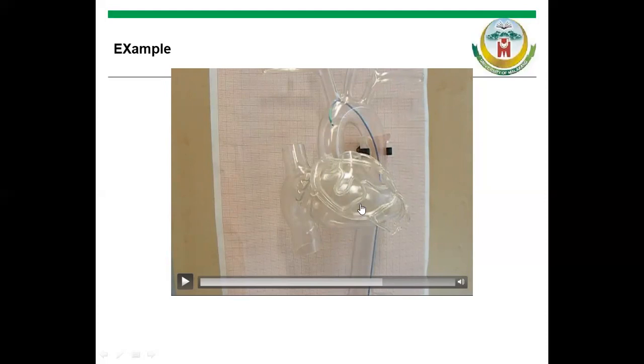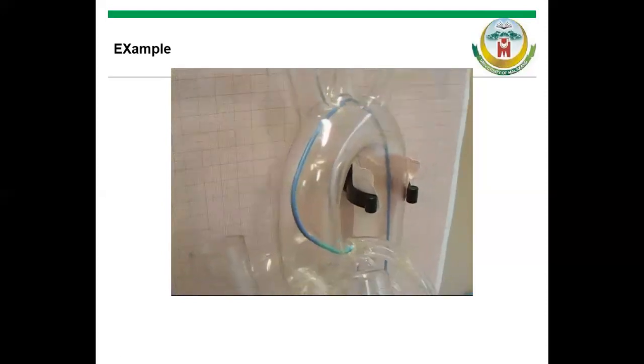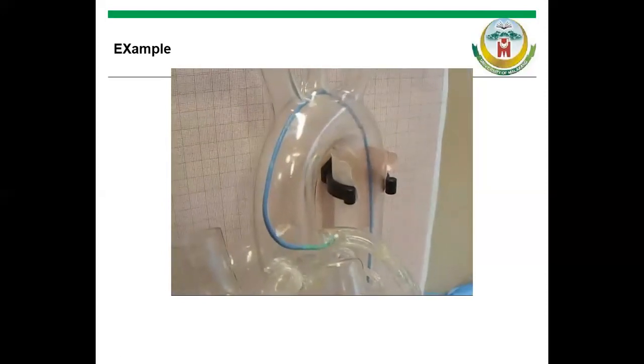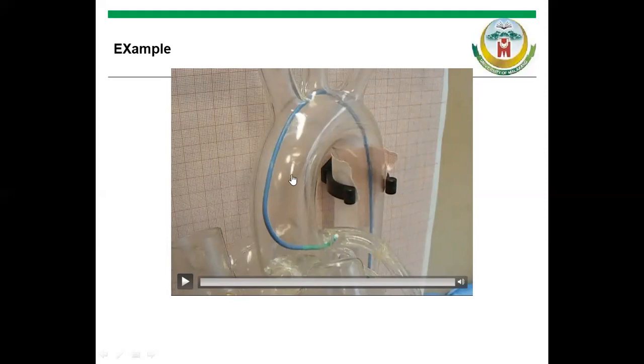So it is a copy of the human body, and this wire is the actual physical wire used in the angiography procedure. This is for demonstration: instead of the actual procedure, we are demonstrating the process of angiography through this plastic model and using this original wire.